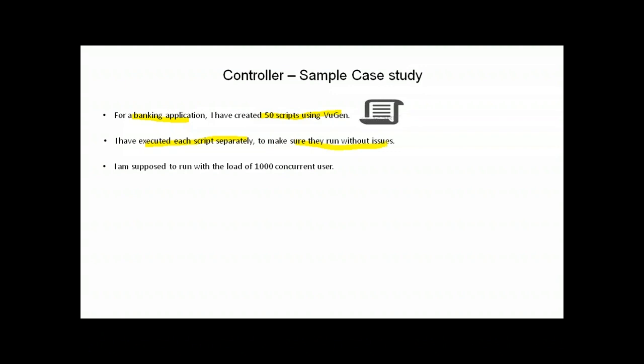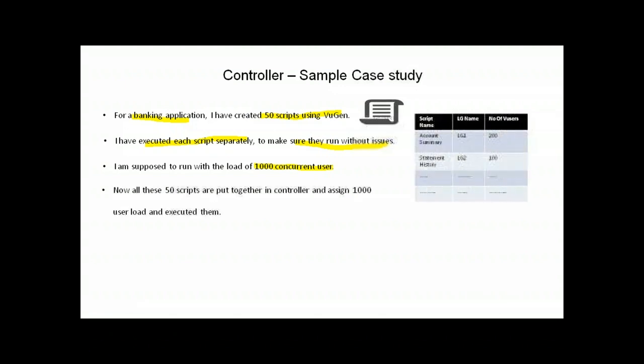Now let's suppose, again as a part of NFR, they have given you that you're supposed to run the test with 1000 concurrent users. Now all the 50 scripts are put together in the controller, you assign the 1000 user load and you execute them.